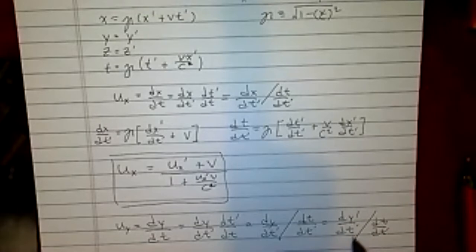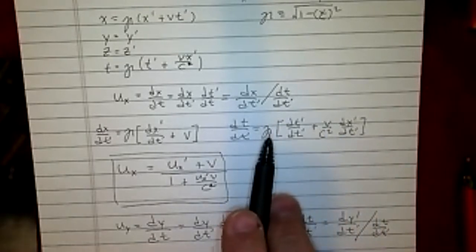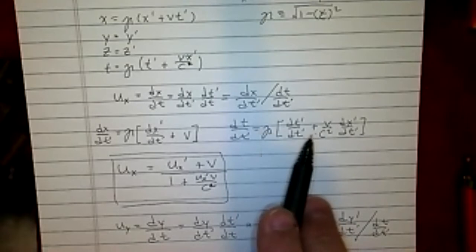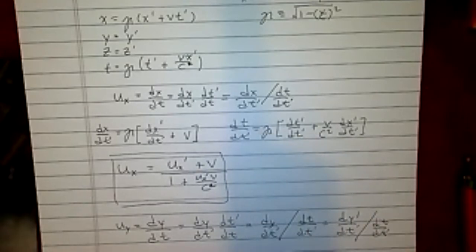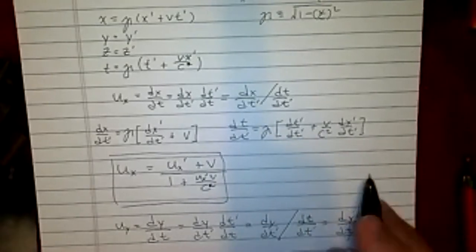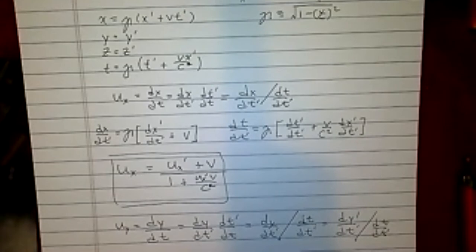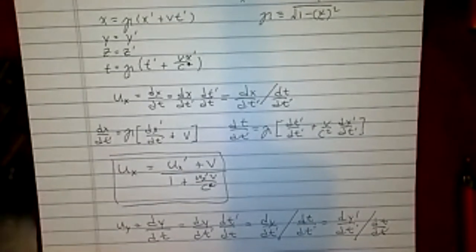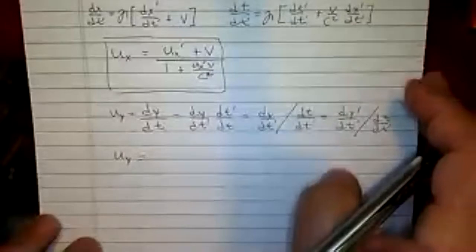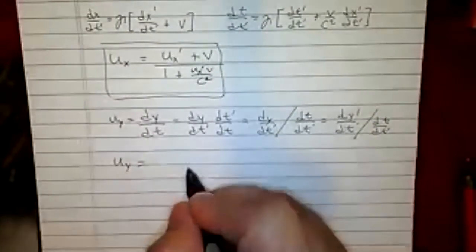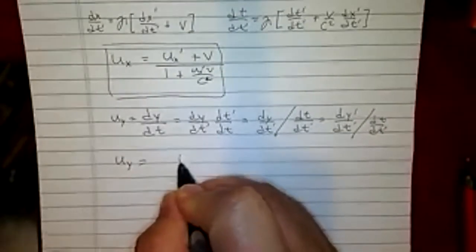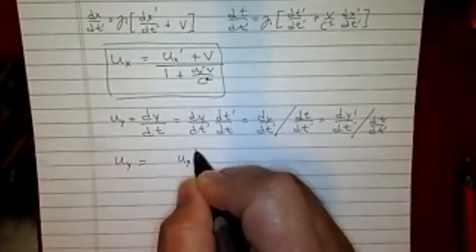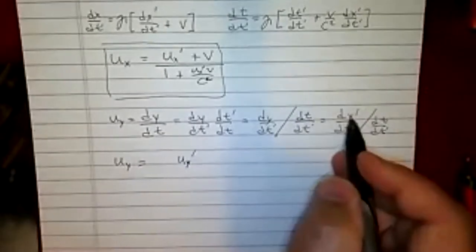So I can finally say dy prime over dt prime over dt over dt prime. So that's just uy prime. And this, of course, is the same thing it was before, which was a gamma times 1 plus v squared over c squared times ux prime. So we can put all that together and we'll see that uy now becomes uy prime from that part.